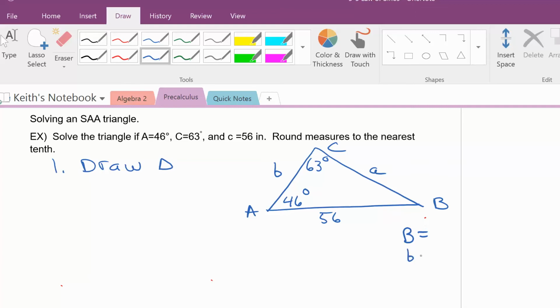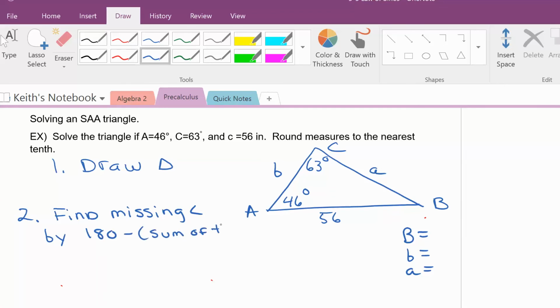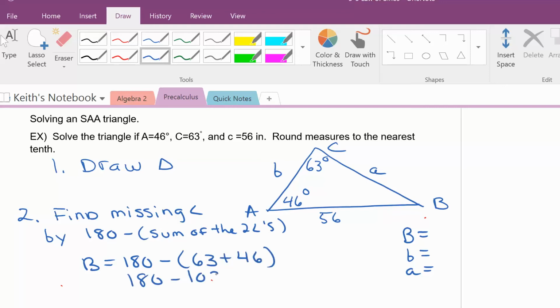First, it would be easiest to find angle B. So you'd find the missing angle by taking 180 minus the sum of the two angles. So in this case, angle B is equal to 180 minus 63 plus 46. So it's 180 minus 109, which is 71 degrees. So that is angle B.